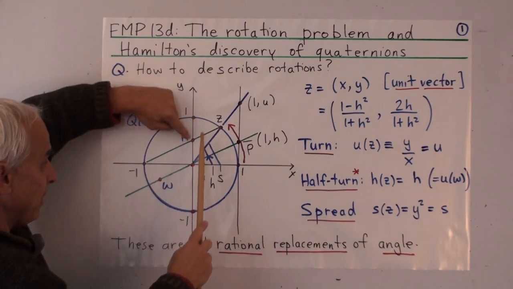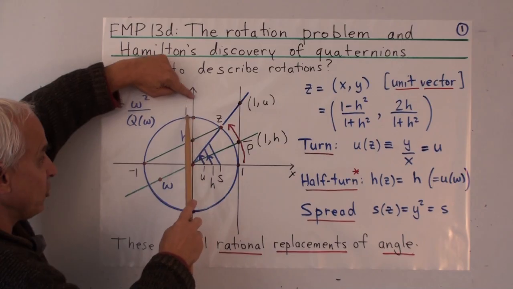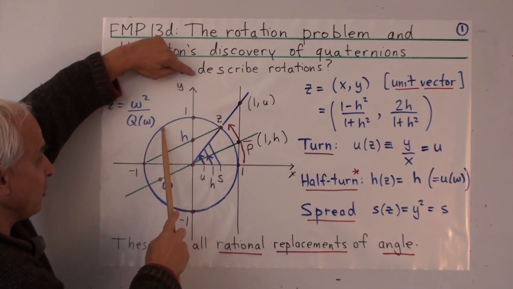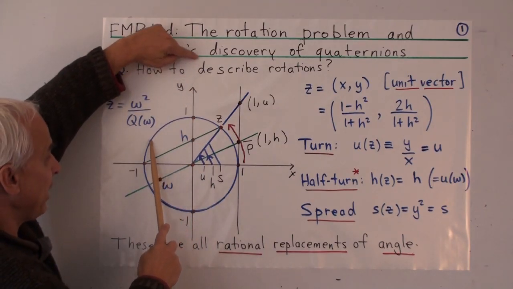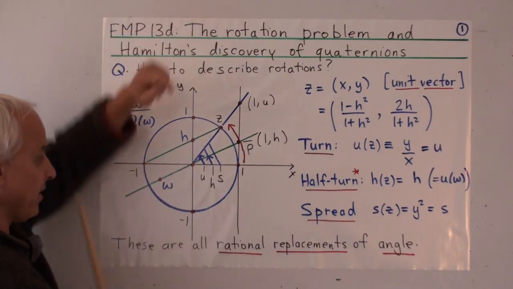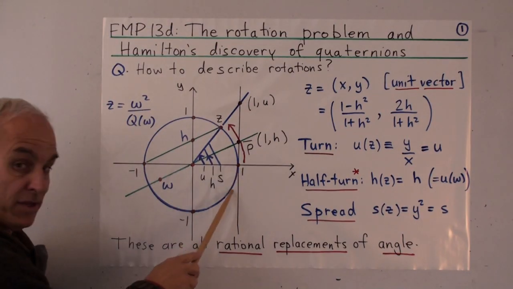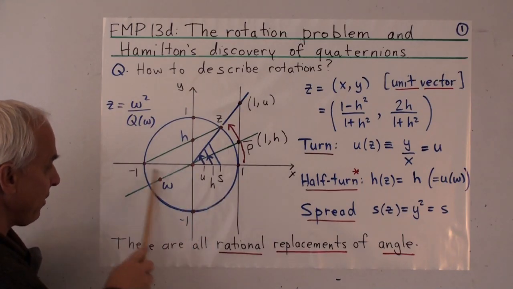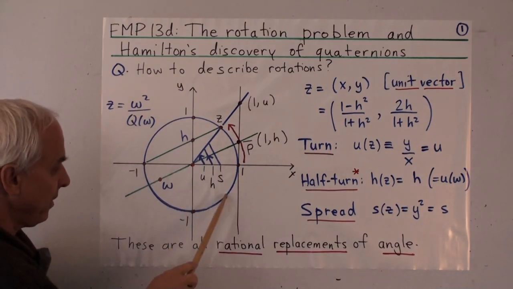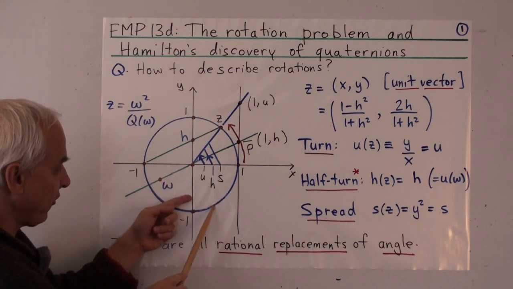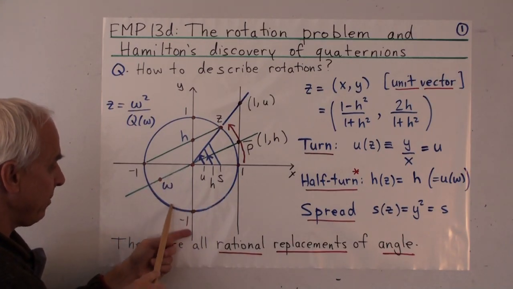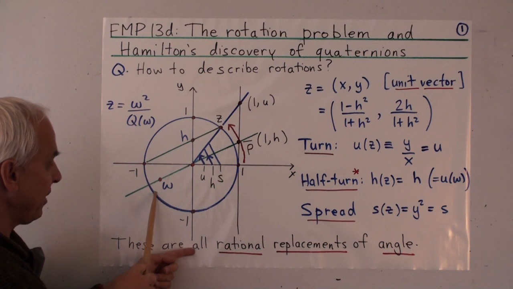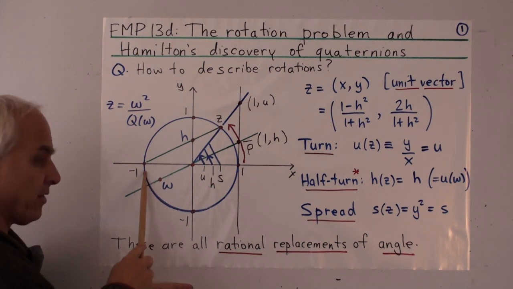Then as h moves up, we might get to 1.5, 2, 3, 4, 10, and so on. Venturing in the other direction, if we went down, we would get roughly minus a half, minus 3/4, minus 1, minus 2, minus 3, minus 4, minus 300, and so on.